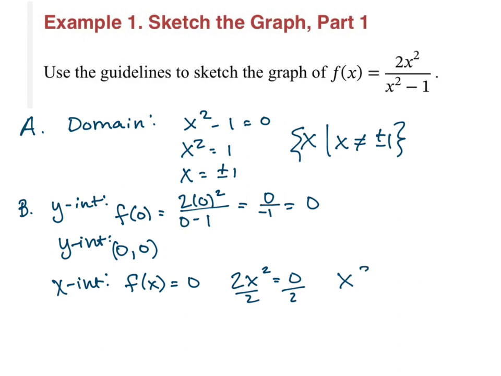So x squared is 0. X must be 0. Looks like there's only one x-intercept here. It is also the y-intercept. So our x-intercept is the origin, and the y-intercept is the origin. Everybody okay with that? Okay.